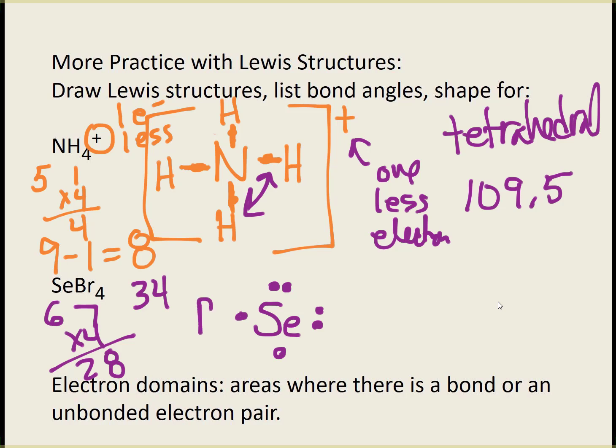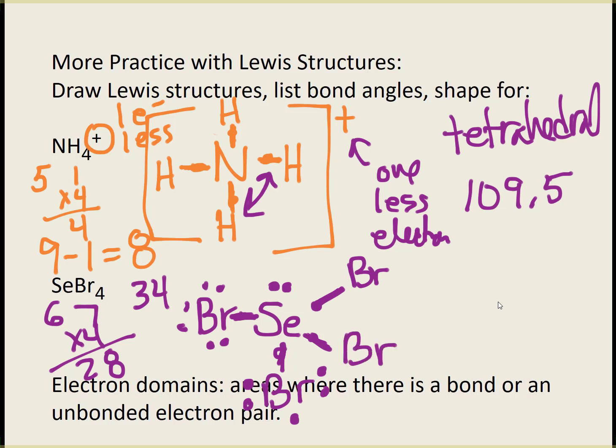So I know 1's going to go there. And I know 1's going to go here. Okay, and then I need to have 2 more. So I am going to take this dot and I'm going to spread it out a little bit. So I'm going to put 1 bromine here and 1 here.